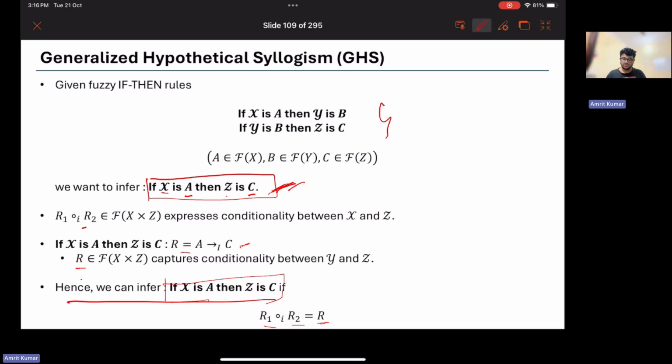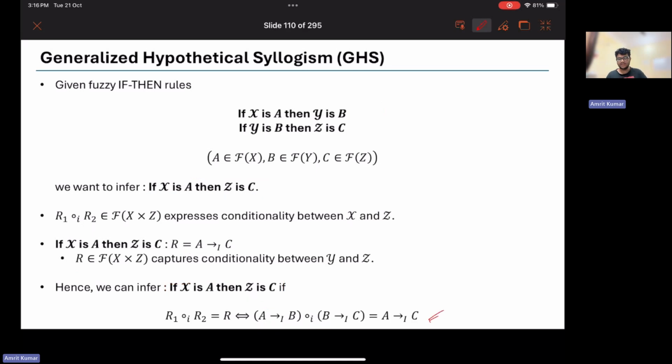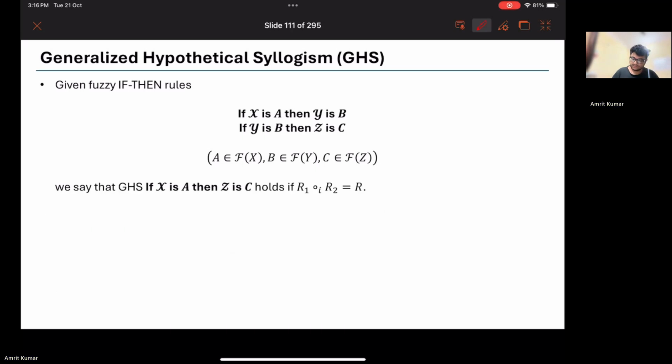By the way, R1 composed with R2 being equal to R is equivalent to saying that the outer product of A and B composed with the outer product of B and C is the same as the outer product of A and C. So in other words, the generalized hypothetical syllogism holds if and only if the composition of R1 and R2 is equal to R.